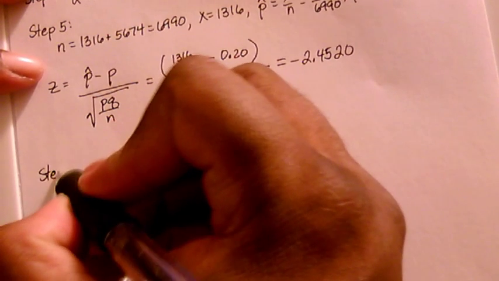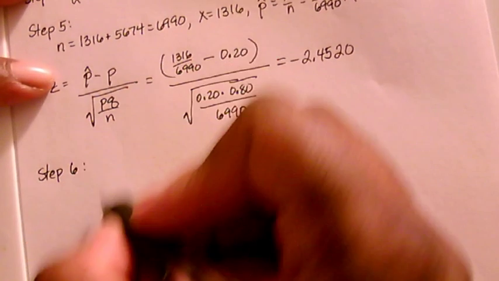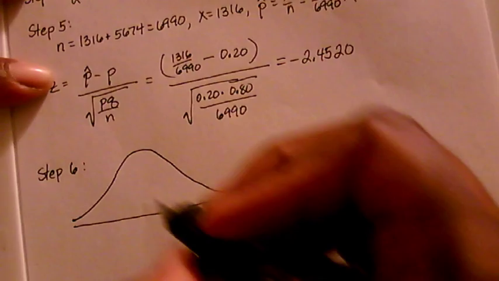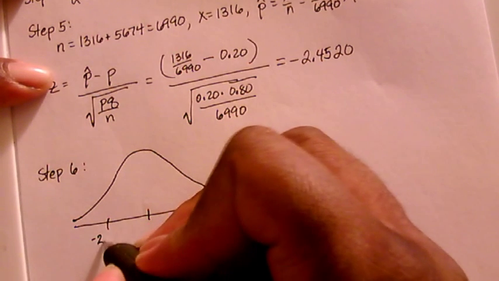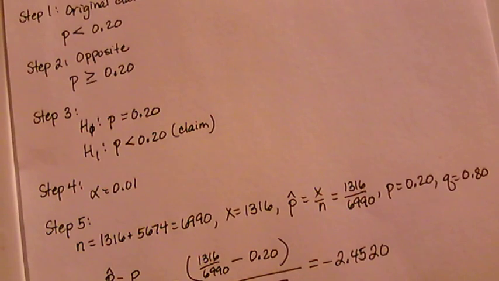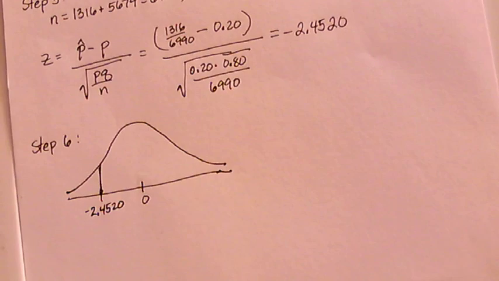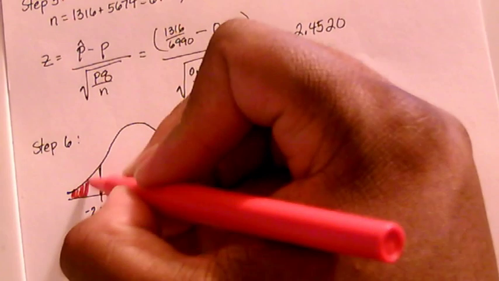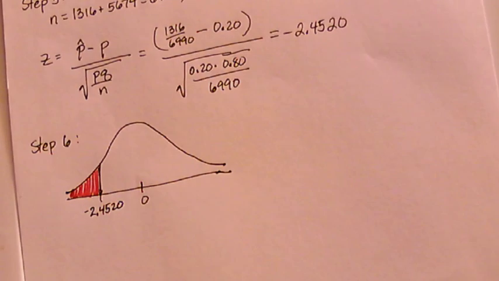Step number 6 is your p-value. Now in this case here, negative 2.4520 would be to the left of 0. And look at your alternative hypothesis, you have less than. So that tells me I'm going to have a left tail test. So the p-value will be the area to the left of negative 2.4520. And to 2 decimal places, I'm going to say negative 2.45.